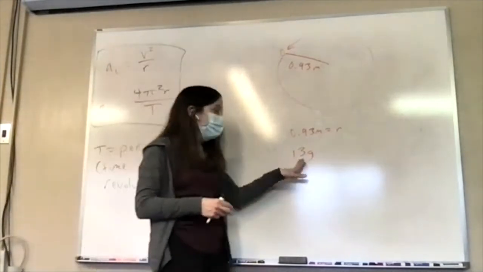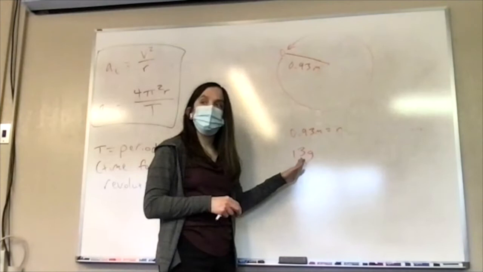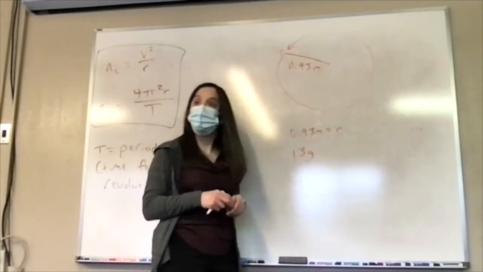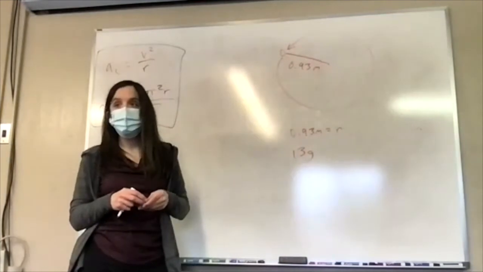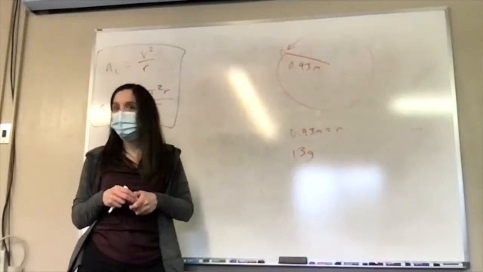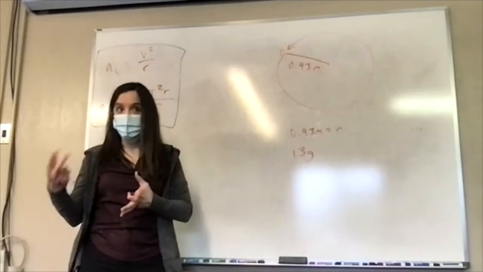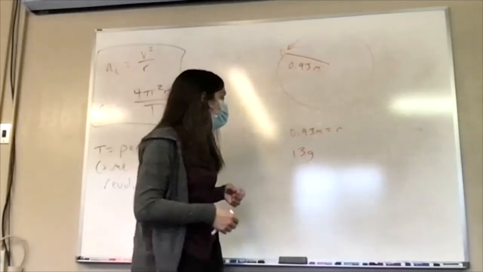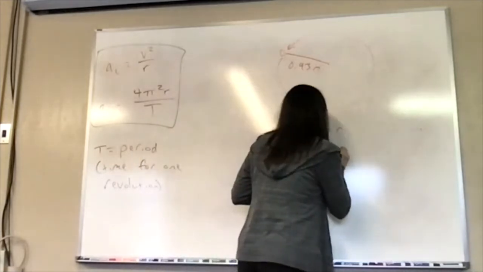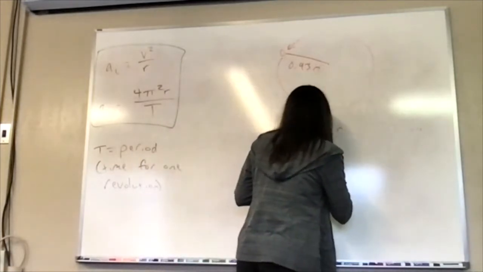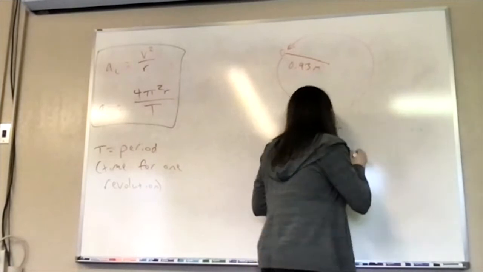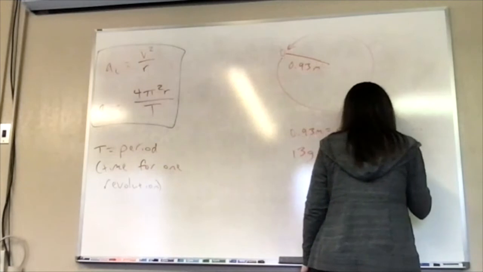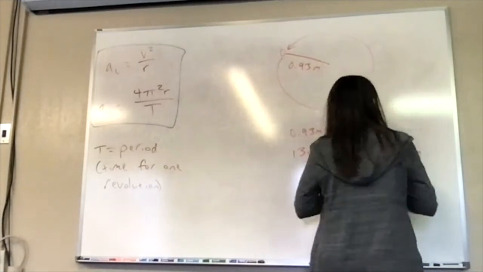So how many kilograms are there in 13 grams? Remember how you go from grams to kilograms? Kilo means 1,000. So there are 1,000 grams in a kilogram. Good, so you just divide it by 1,000. So 13 grams to kilograms, divided by 1,000, is 0.013 kilograms. It's the mass of the stopper.